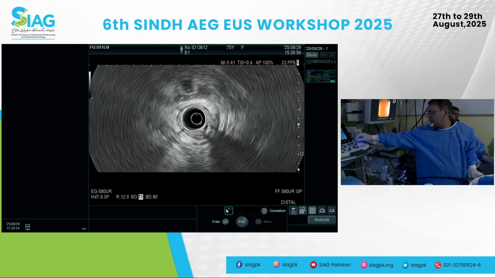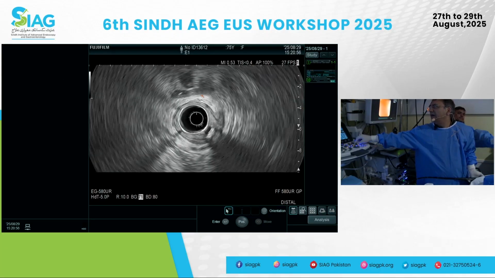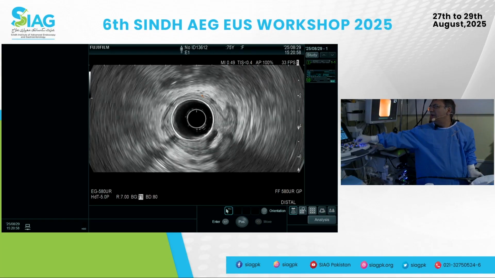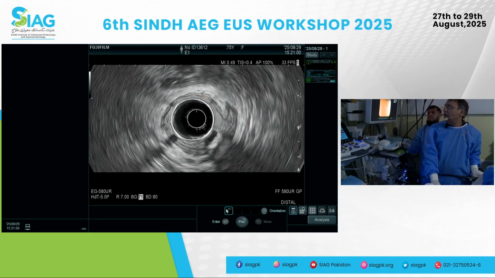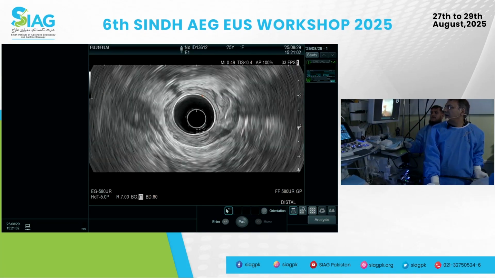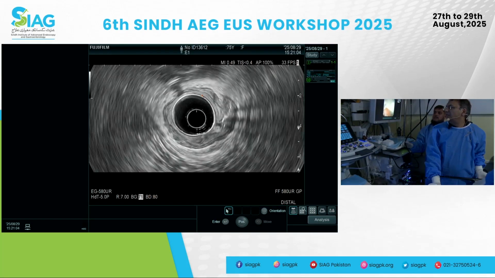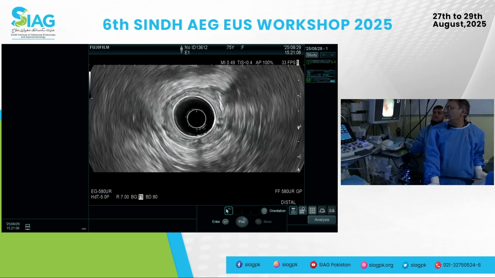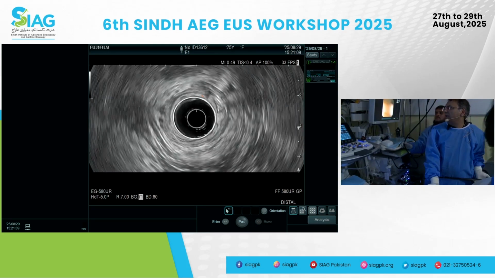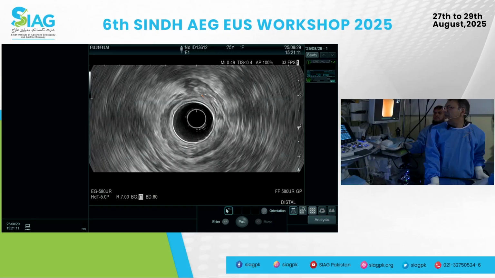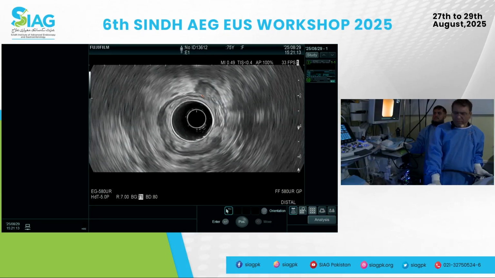Now I'll make the image a little bit bigger because we're going to pay more attention to the wall itself. Coming back, if we need to put water in there we can, but at least I don't see a tumor in there.